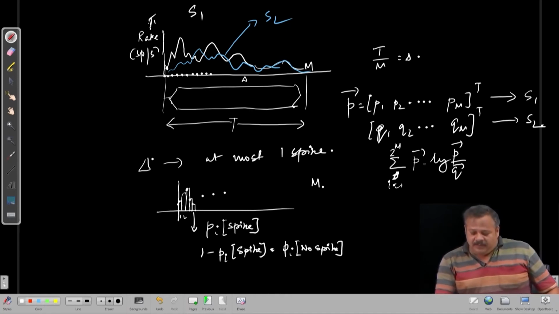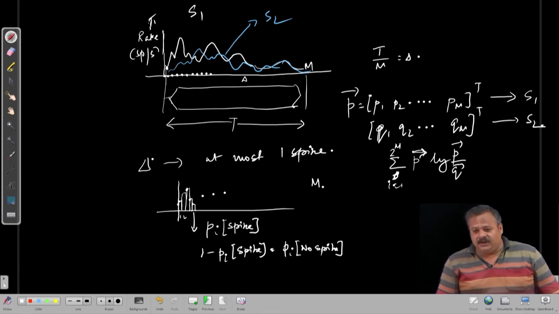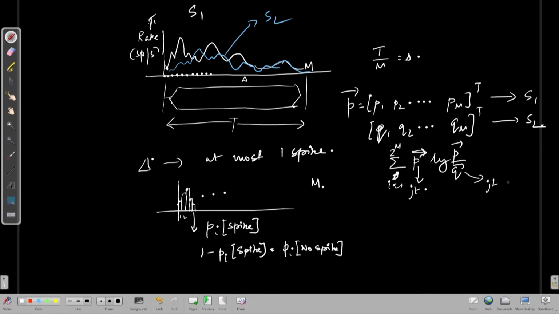Since it is a vector random variable, if we assume that the components are independent of each other, then by vector p we mean the joint distribution of P1, P2 up to Pm, and similarly this is the joint distribution of Q1, Q2 up to Qm. So if they are independent, we can break the P down.